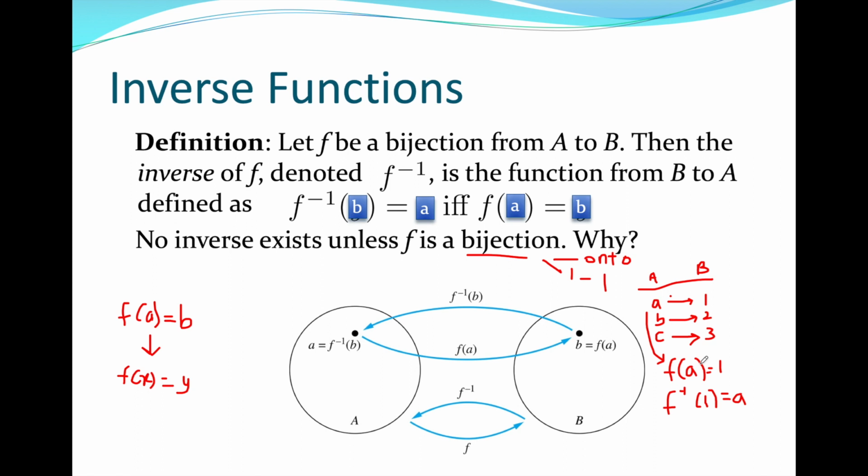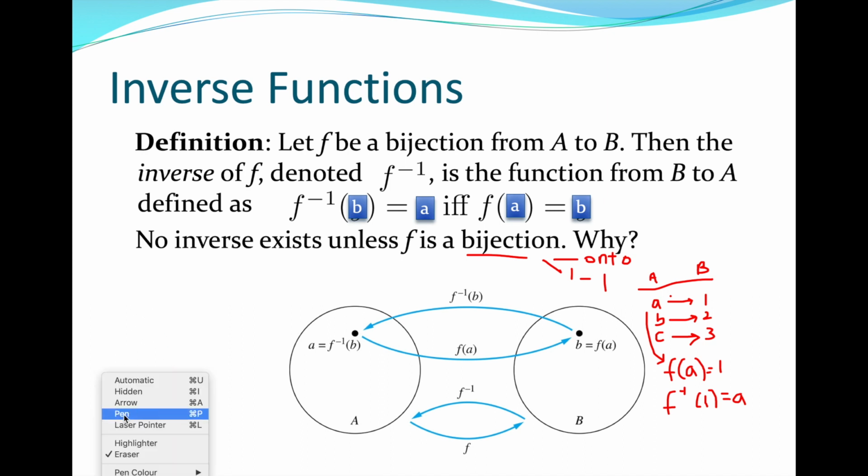Let's imagine, say, this function is not a bijection. Let's say we have A, we have B, and we have a, b, and c, and we have 1, 2 and 3.